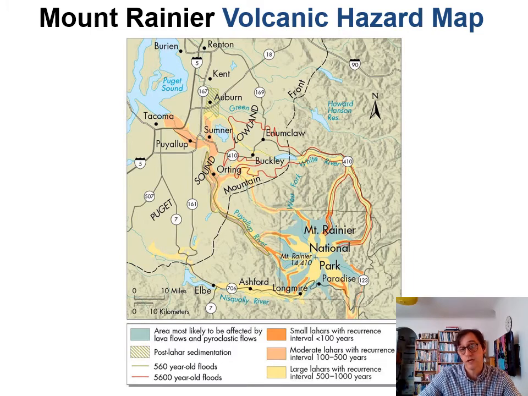So all these towns like Orting, if I highlight that here, Orting down the river here, I think it's the Puyallup River, they have action plans, emergency planning to evacuate their town if there's an impending lahar coming down the river. How do they know?